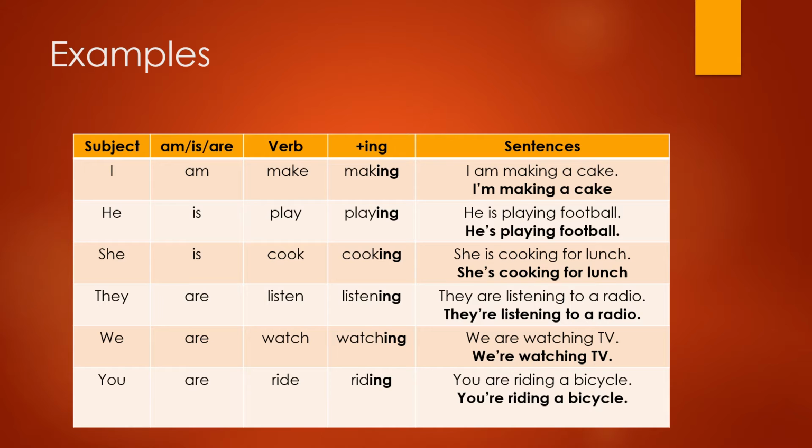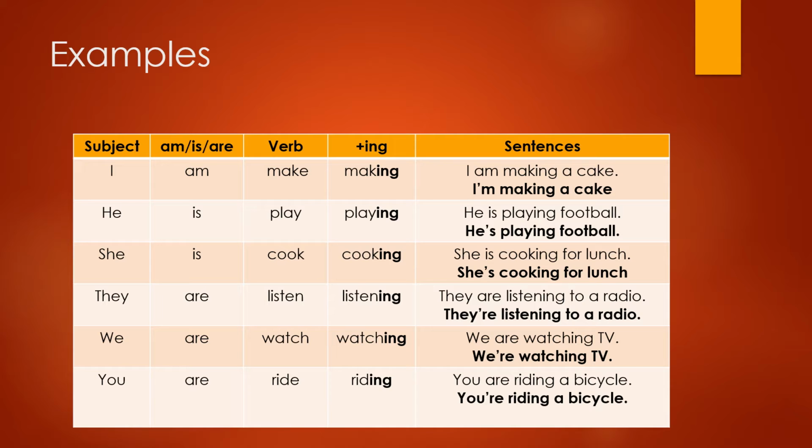Next example is he. He is, because the subject is he, we have to use is. He is play. Look at the end of the verb, it is the letter y. So we don't have to erase the letter y. We just have to add ing. So it becomes playing. He is playing football. Okay, look at example number 3. She is cook.